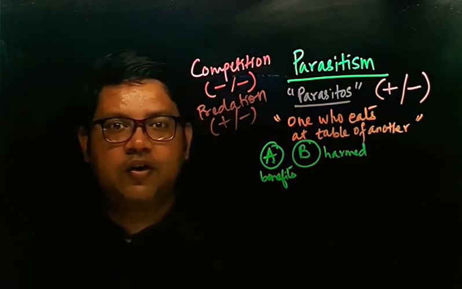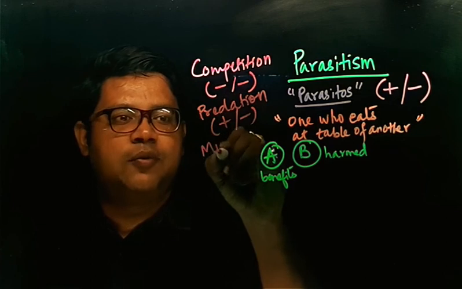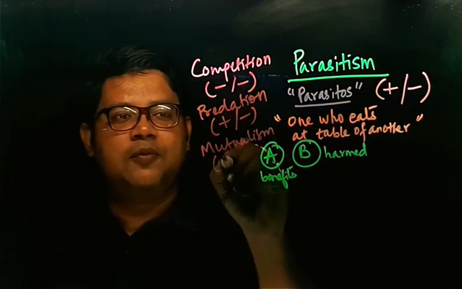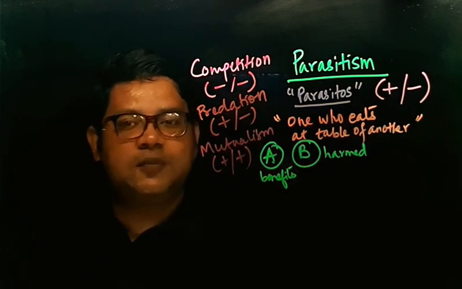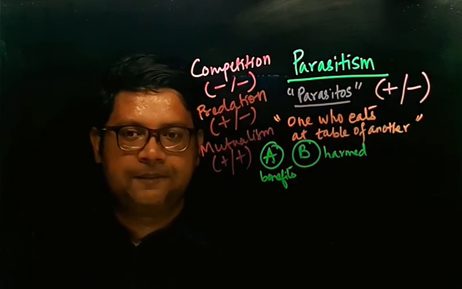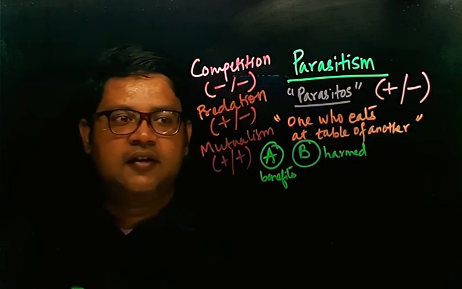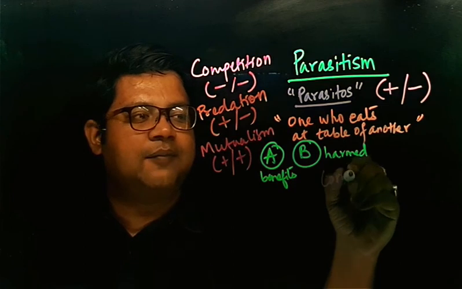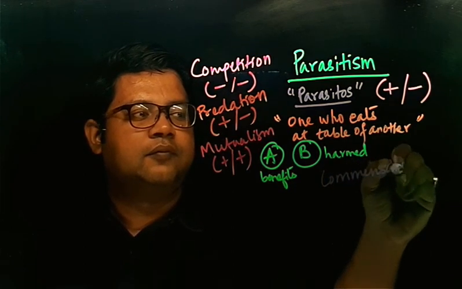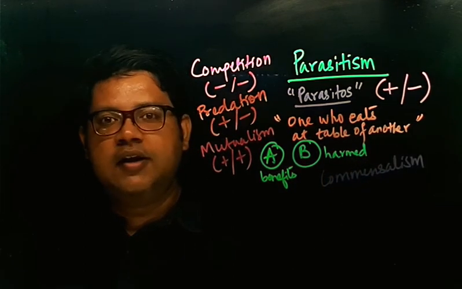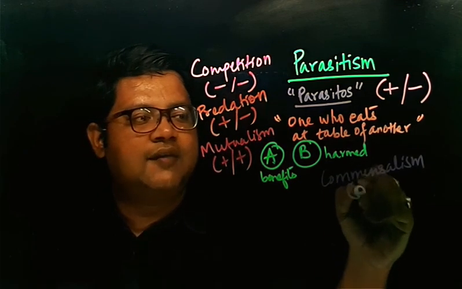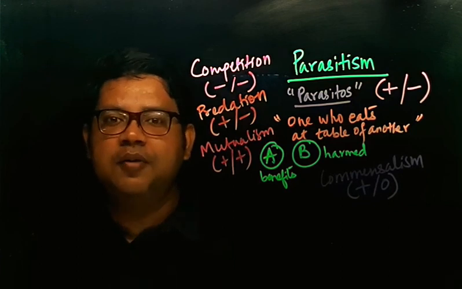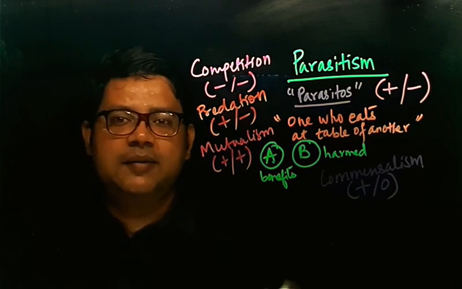Then today we first talked about mutualism. In mutualism, what happens? Both the species were getting benefited. Then after mutualism, we talked about commensalism. In commensalism, one is getting benefited, the other is neutral, does not get harmed or get any benefit.